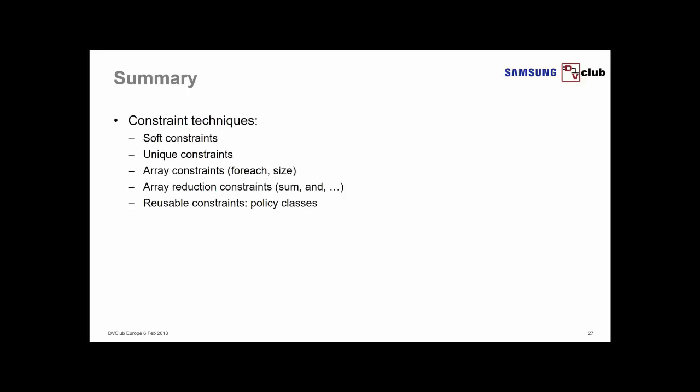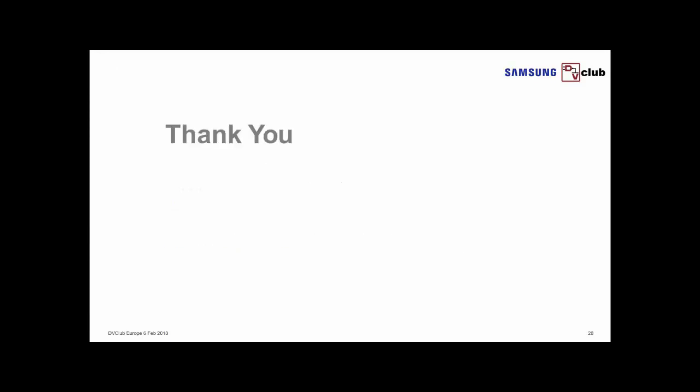Array constraints, one of my favorites, both foreach loops and the array reduction functions, sum, product, etc. We talked about a way of putting constraints into reusable containers, and then we showed an example of how to use those techniques. So in summary, basically the constraint solver can handle some fairly complex problems. So go ahead and use it, try it. See what kind of complex problems you can solve using it.